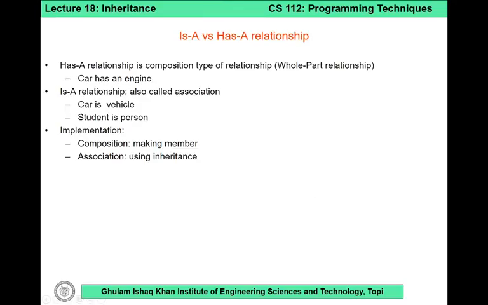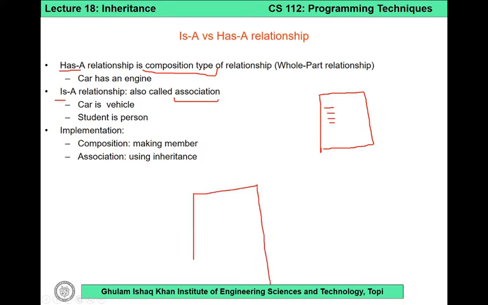So the has a relationship basically is for composition, right? Composition means you are composing a variable into a class, and the is a relationship basically shows association, right? Composition, this is a class and you are writing members in this class.